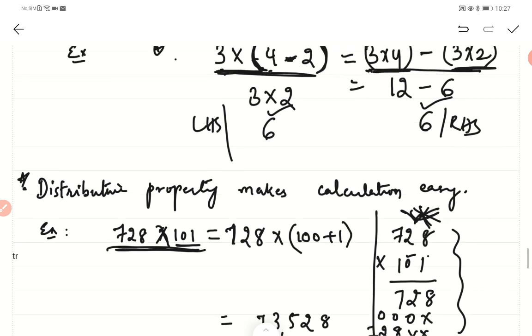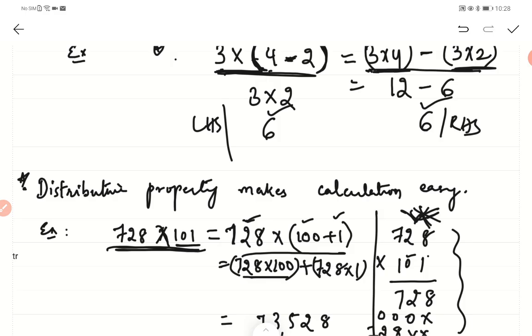Now go for your distributive property. This will give you 728 into 100 plus 728 into 1. Isn't it very easy for you to multiply?